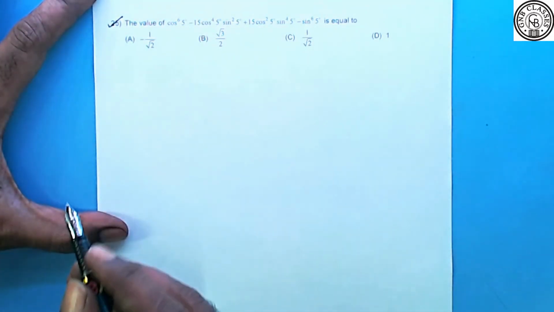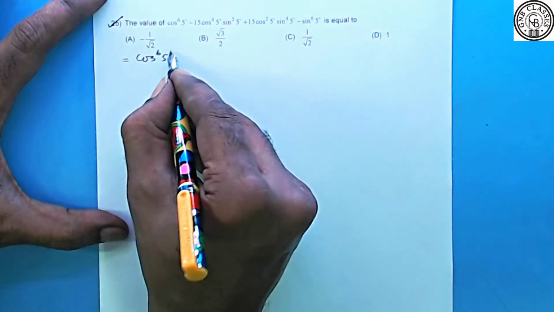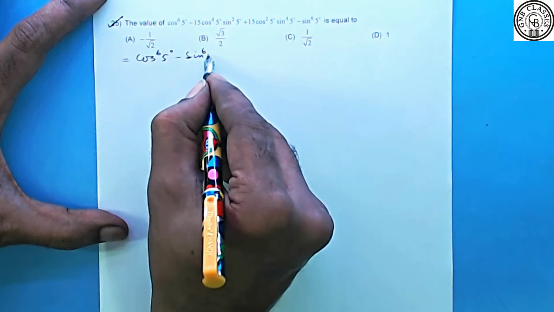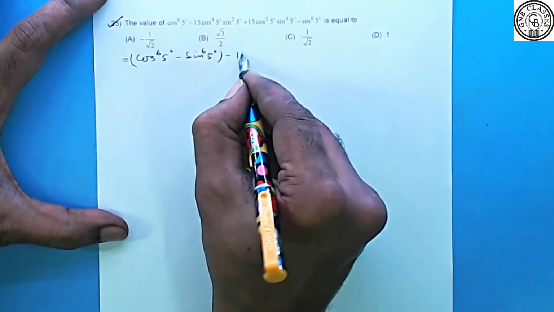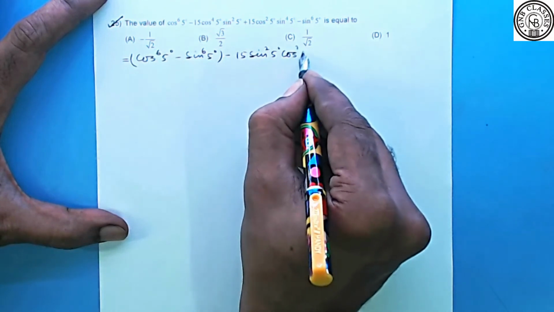Question number 25. Let us just group the given expression according to our need. Sine square 5 degrees, cos square 5 degrees.